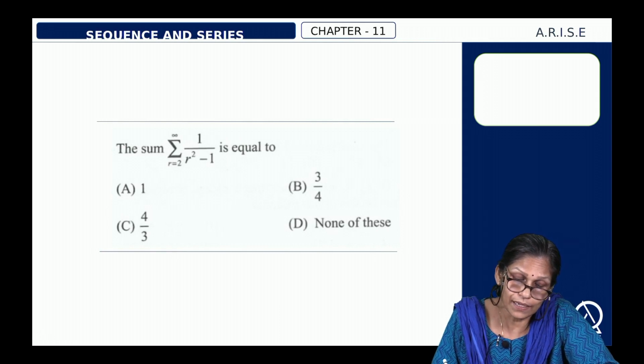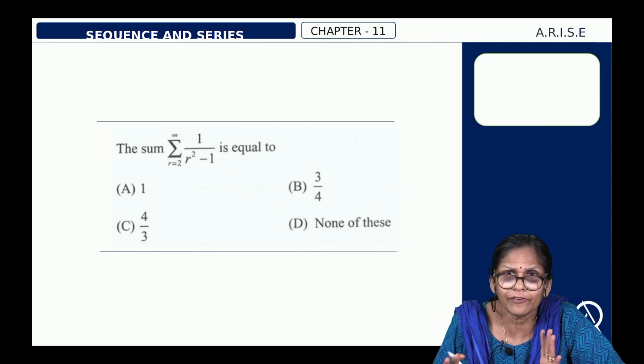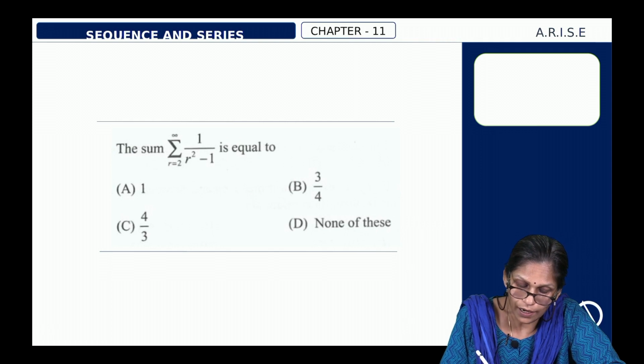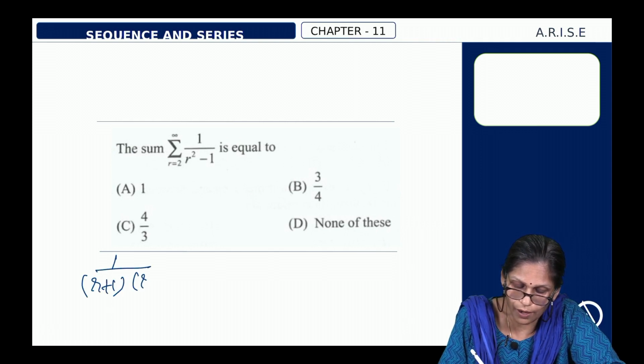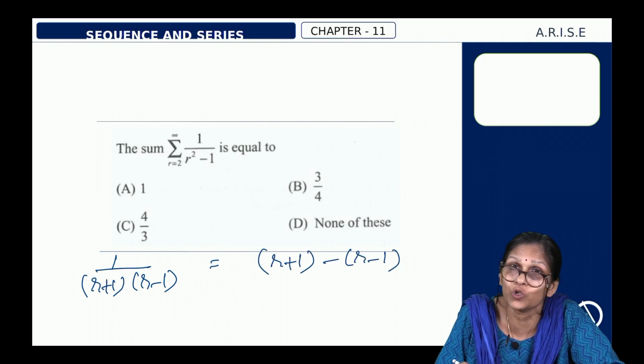Now, the sum sigma r equal to 2 to infinity 1 by r squared minus 1. As of now, you have a lot of terms in the denominator that will not help. So, what I do is this: r squared minus 1 I can write as r plus 1 into r minus 1. Now look at these two terms whose difference is just the constant 2.